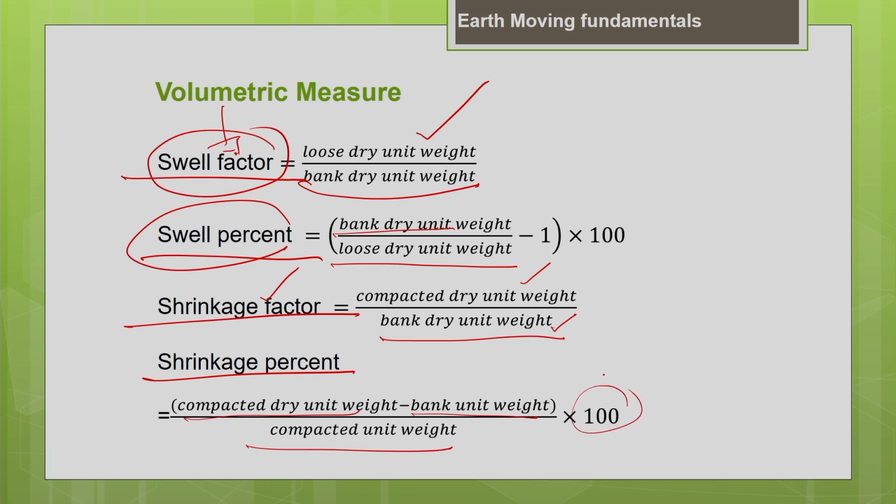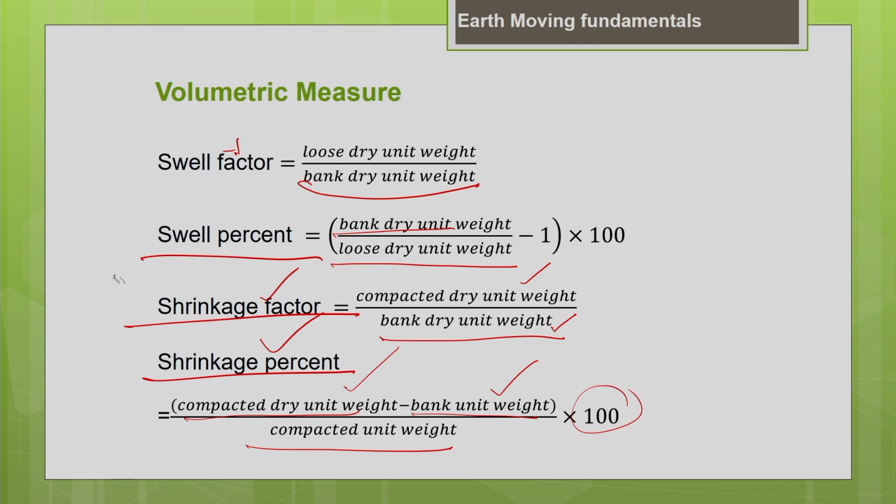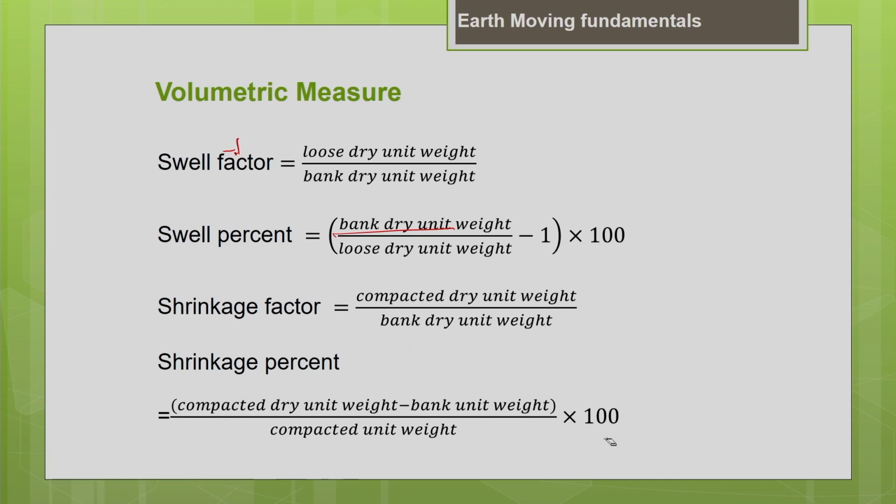So this gives you the shrinkage percentage. If you know the bank unit weight but don't know its unit weight after compaction, depending upon the material type, if you know the shrinkage percentage, you can calculate the compacted unit weight of the material. So this helps you in simple conversions for your estimations of volume and the productivity.